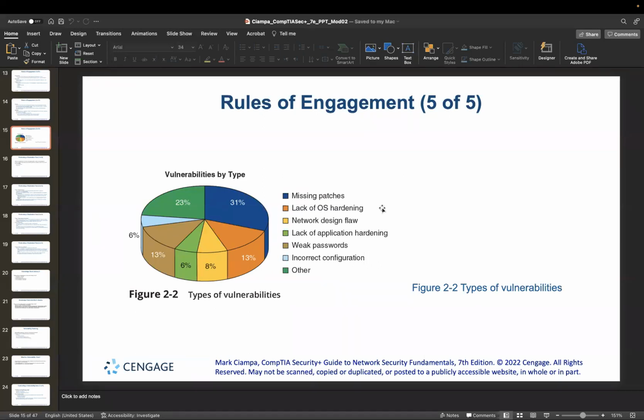Weak passwords, that's another big contributor, right? Not only weak passwords, but also enforcement of super strong passwords, right? When you enforce super strong passwords, people find a way around it because they cannot memorize them.